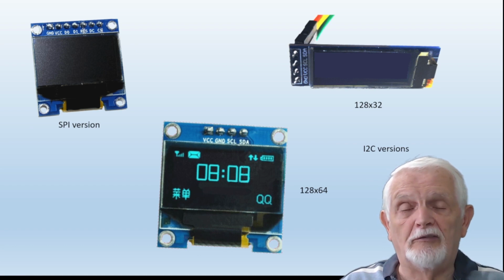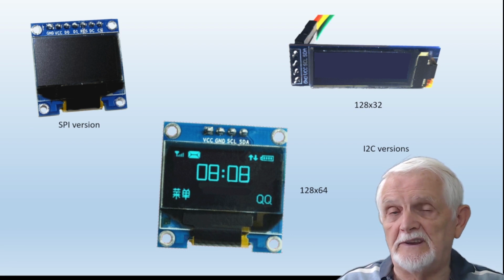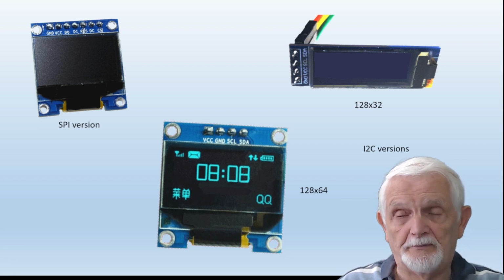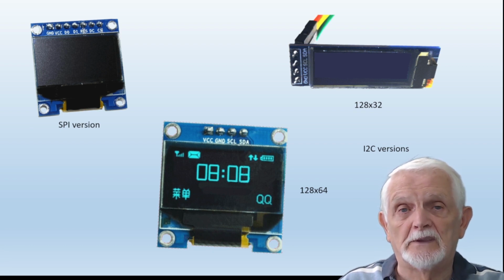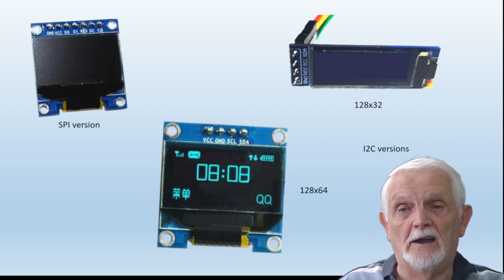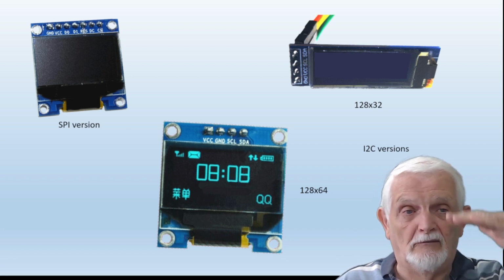They only require 4 connections, and they come either, as you can see, the 128 by 32 pixels or 128 by 64 pixels. So 128 pixels in the horizontal direction and 64 vertically.